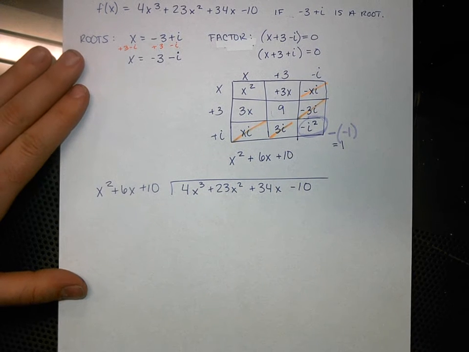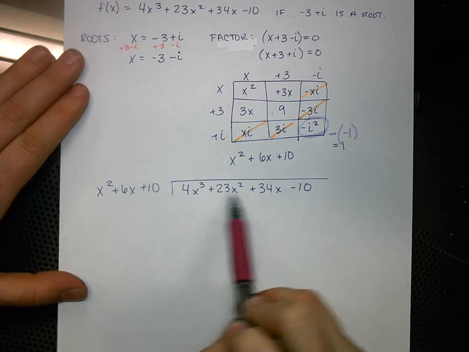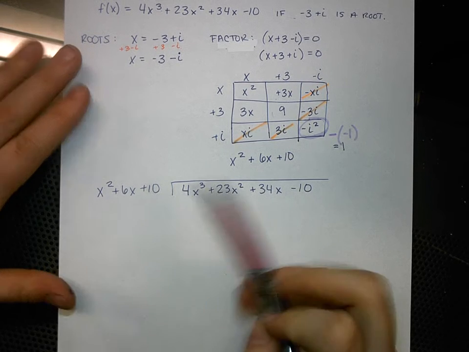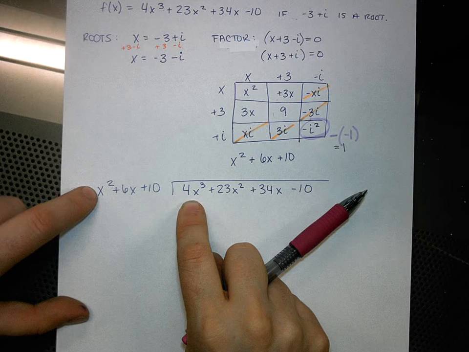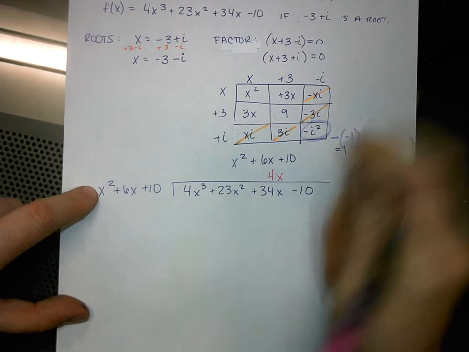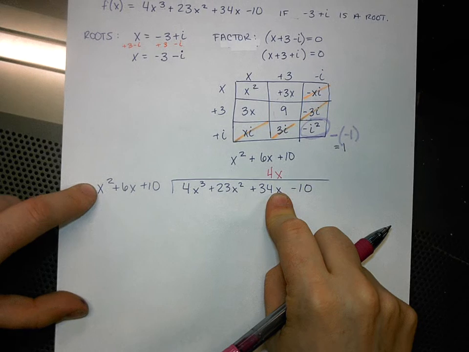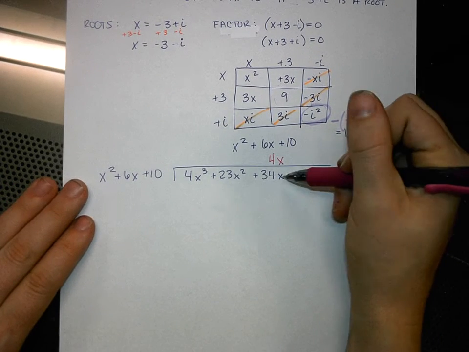When we divide that, we have 3 terms, so I know I'm going to go 3 terms in, but I also know that in order to get to 4x cubed, I need to multiply x squared by 4x. So if I'm multiplying by 4x, then my x's with the same exponent go over the top of each other.